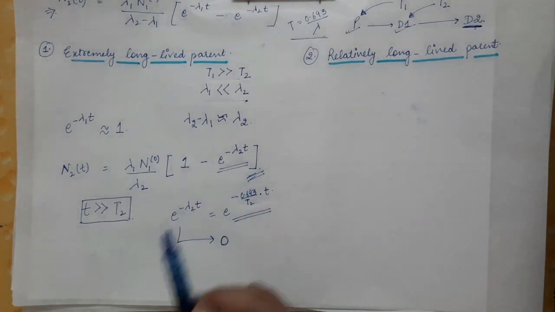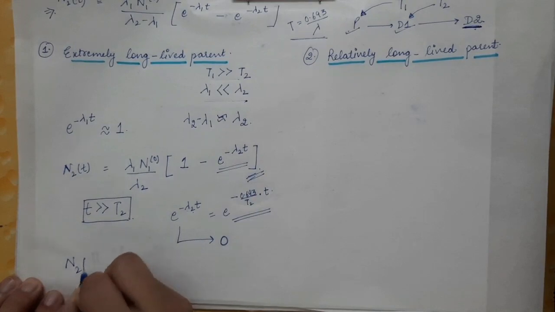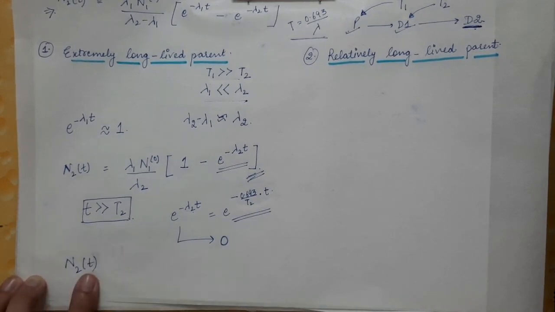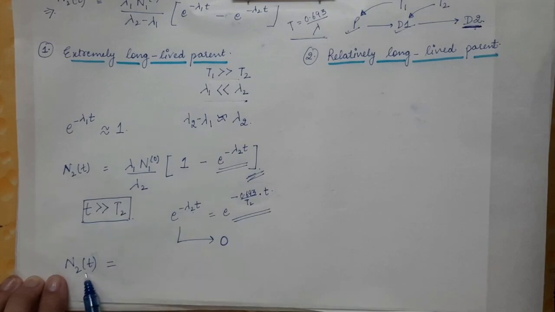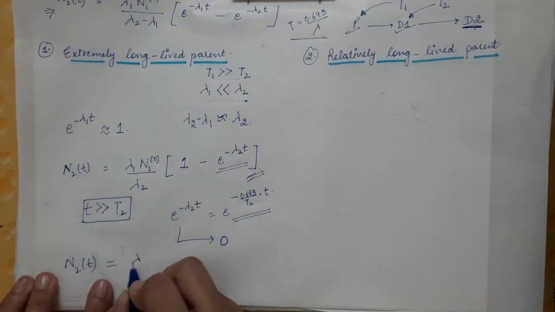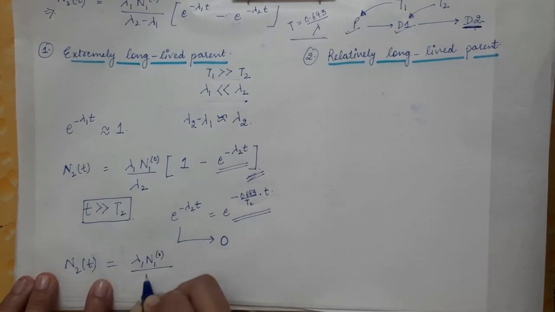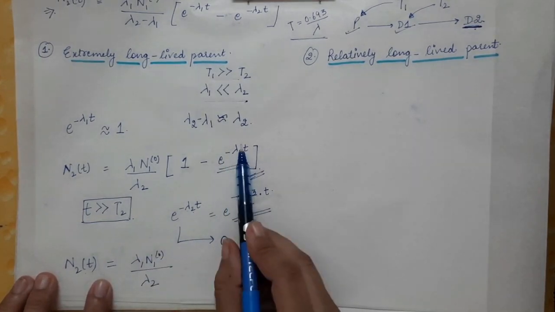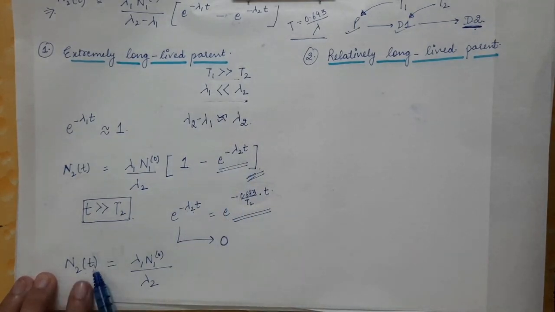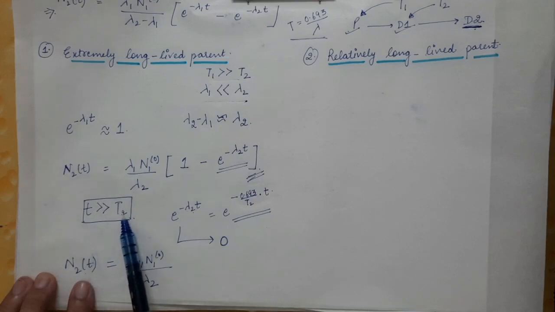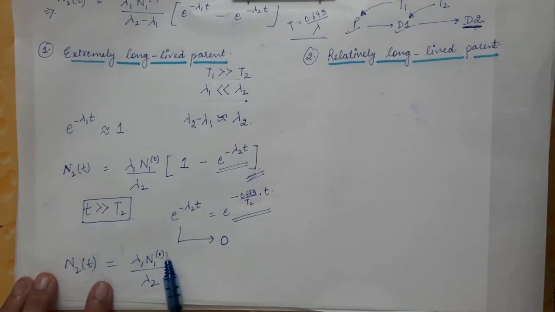So the formula that we have got will reduce to N2 at any time t being equal to, for the time which is very much greater than T2, λ1 into N10 over λ2, and here we put 0, so we get 1 minus 0, which is just equal to 1. So N2 at any time t, which is very much greater than T2, will be equal to λ1 into N10, which is also constant, and in the denominator just λ2, which is also constant.